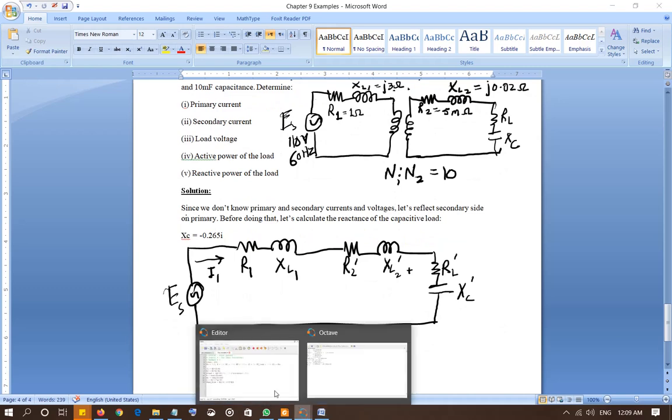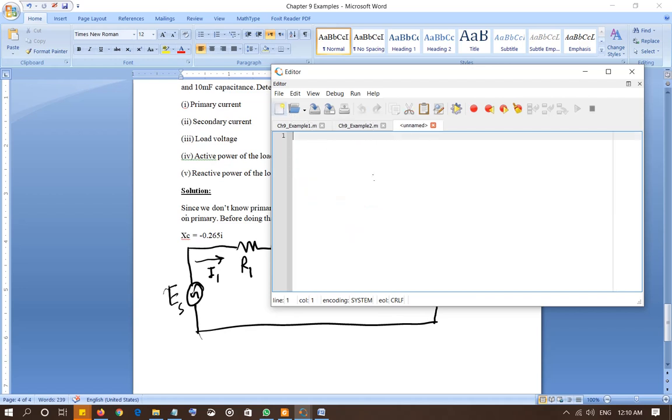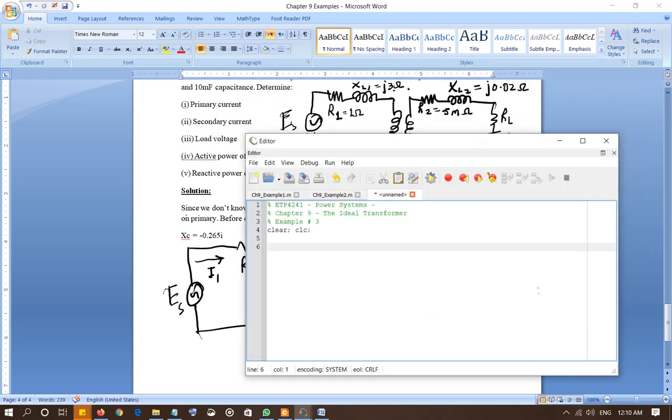So let me go ahead and open Octave, and copy this into a new file. This is example number 3, and then I'm going to put in the values that I have.